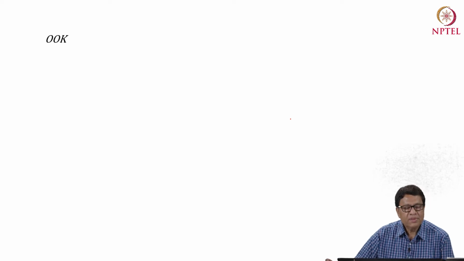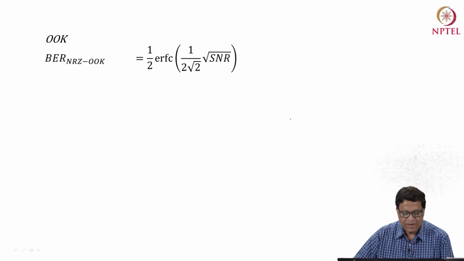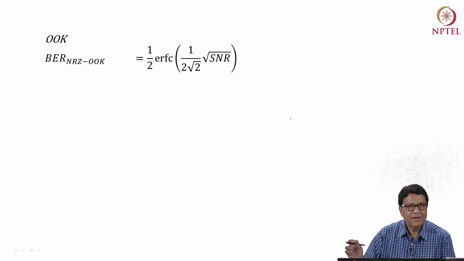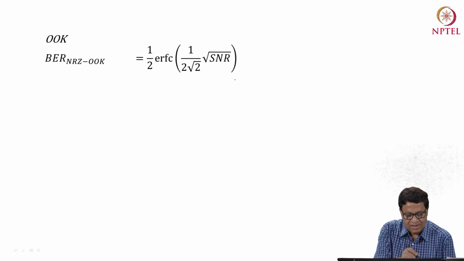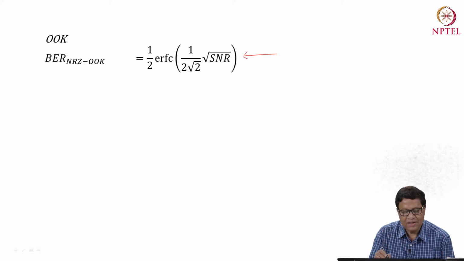So now let us see for on-off keying, as we had seen earlier. For on-off keying, we had considered an NRZ signal, but one can also consider an RZ signal and get the probability of error in the same fashion as we had done in the last discussion. So BER for NRZ OOK, as calculated earlier, is half erfc of 1 by 2 root 2 root of SNR.